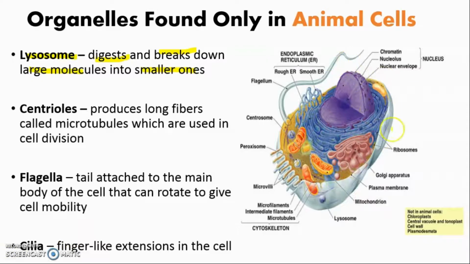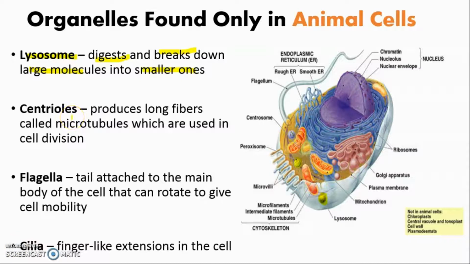As you can see in the diagram of this animal cell, the lysosome looks like this circular or spherical organelle. By the way, the peroxisome which we discussed earlier looks like the lysosome. It's spherical in shape, but it works in detoxifying the cell.